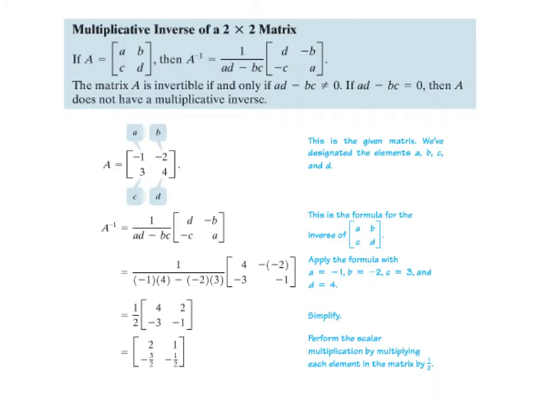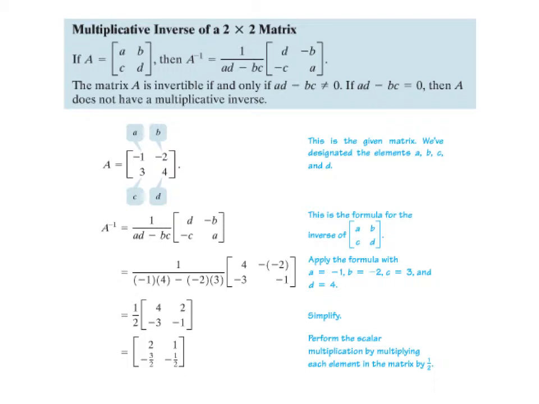So, if we're given a matrix A that has entries a, b, c, and d, to find A inverse, first we need to find the scalar quantity of 1 over ad minus bc.